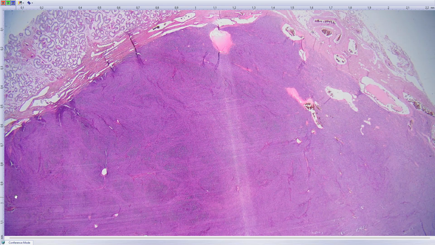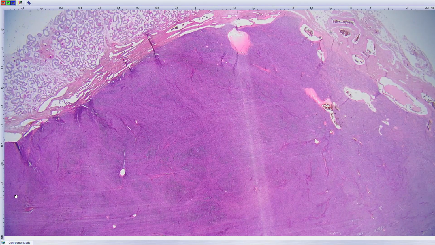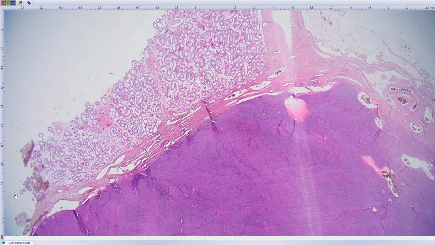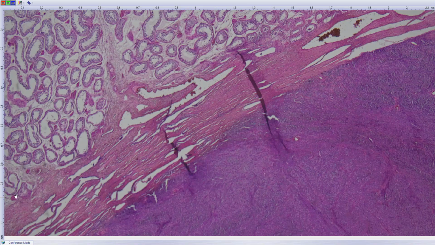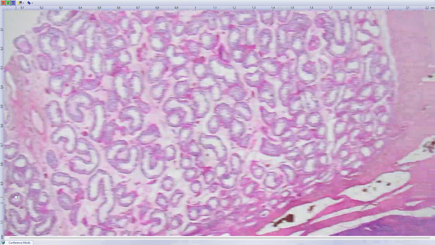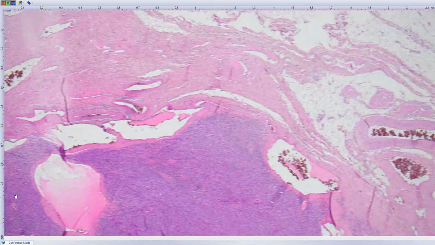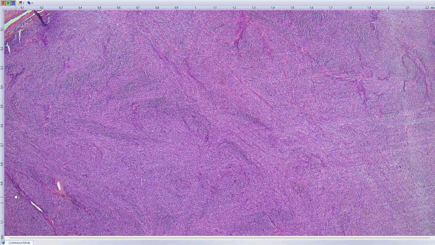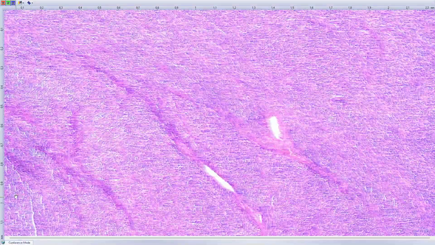another case, which is a testicular case, and we have a tumor of the testis. Here you can see the testicular germ cell tubules, which are normal. Here is rete testis, and close to rete testis we have this spindle cell, fascicularly arranged tumor.